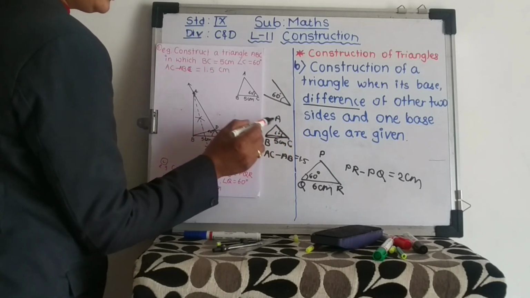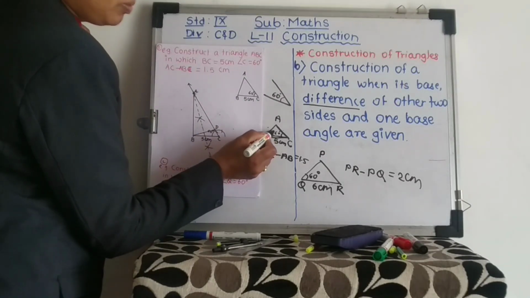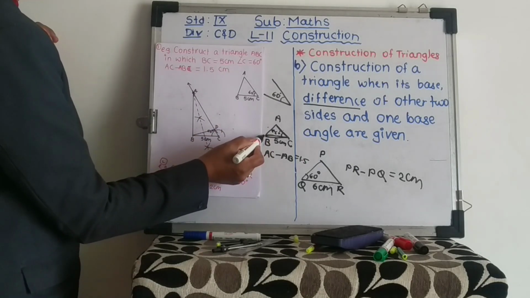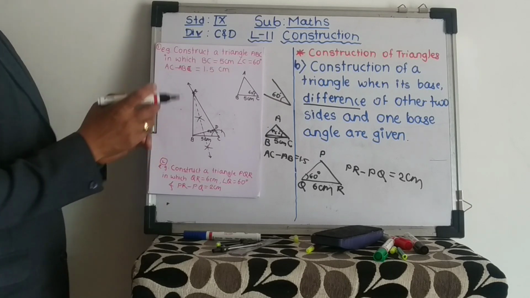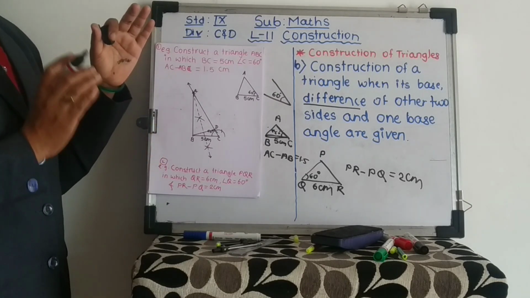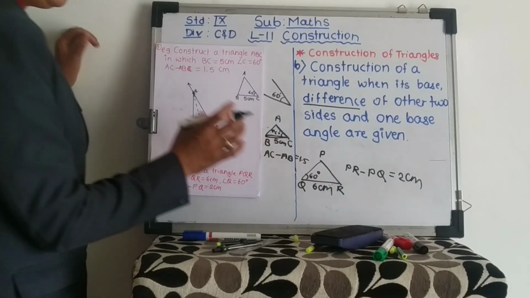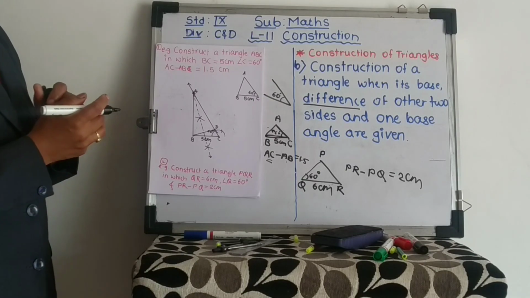So AC minus AB, the side opposite to the 60 degree angle, is the smaller one, right? We always subtract the smaller number from the bigger number. So AC, we come to know indirectly, is greater than AB, right?